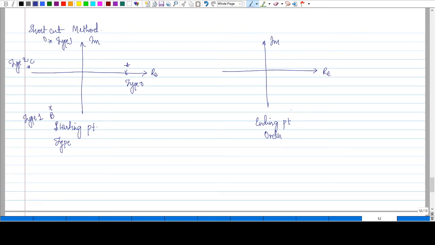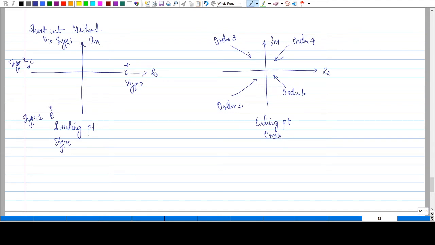Coming to the ending point, this is the ending point for order 1, for order 2, order 3 and order 4. So these are the different terminating or ending points.